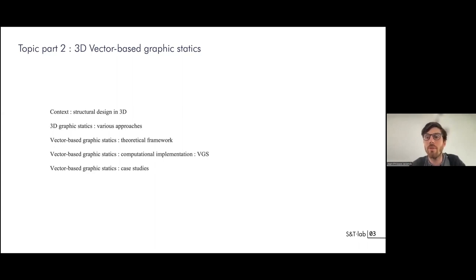We developed a computational tool called VGS, and I will explain how the theory goes into this tool, how it works, what its possibilities are, and what the next developments will be. After that, we'll finish with some case studies, showing different examples developed with the VGS tool and 3D graphic statics.